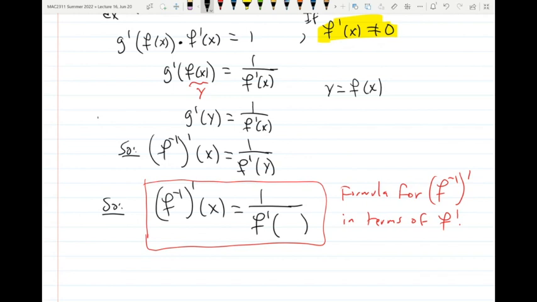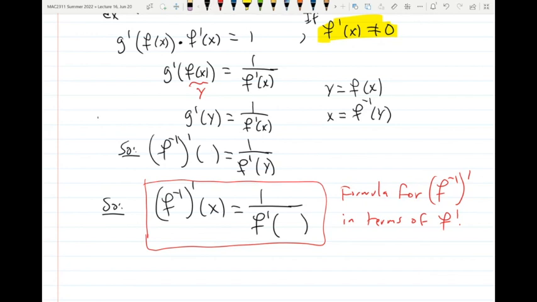So certainly this would be f inverse prime of f of x. And this is f prime of x. It's right here where I have to make the change. So if y equals f of x, then that means that x is f inverse of y, right? If I apply the inverse function to y, then I'm going to get back the original input that was x. So we're going to stick that in here.